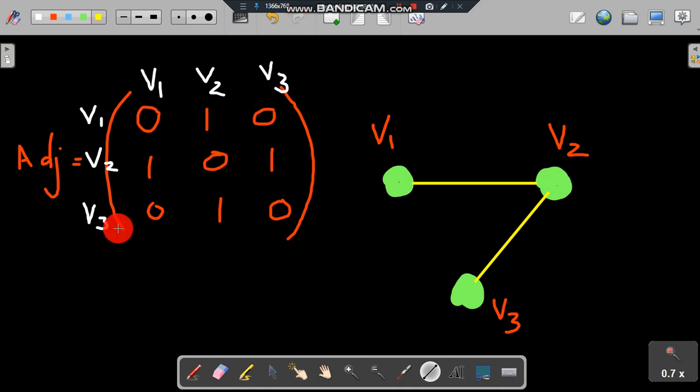Okay, then V3, V1, there is no adjacency. We should not draw an edge. V3, V2, yes, we have to draw an edge, and V3, V3, there is no edge. Okay.